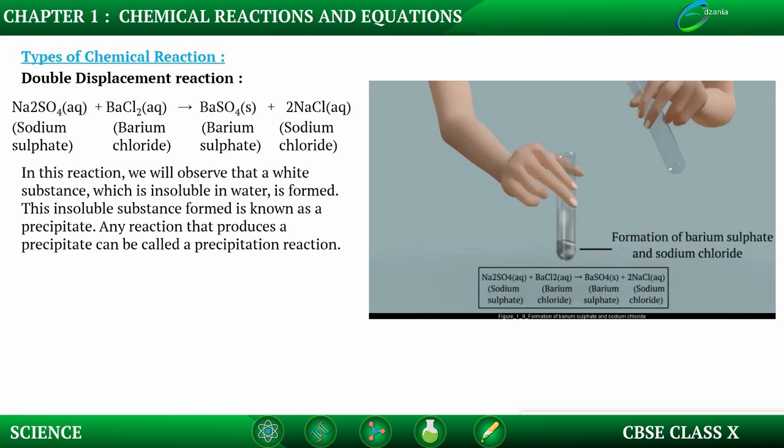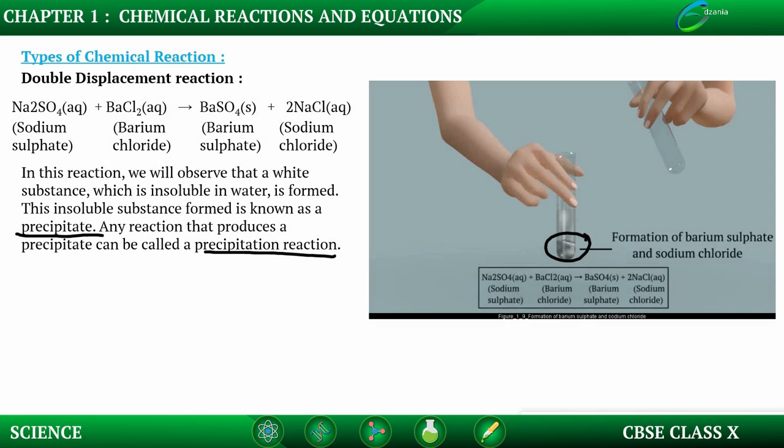In this reaction, we have observed that a substance that is insoluble in water is formed, and this insoluble substance formed is known as a precipitate. Any reaction that produces a precipitate can be called a precipitation reaction.